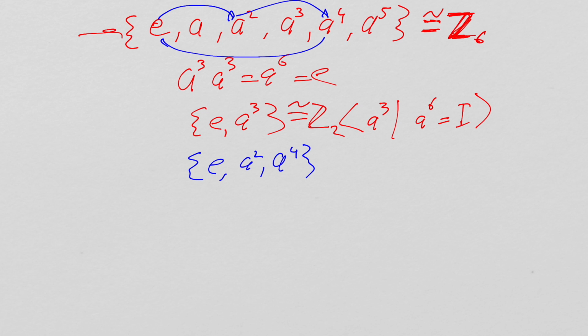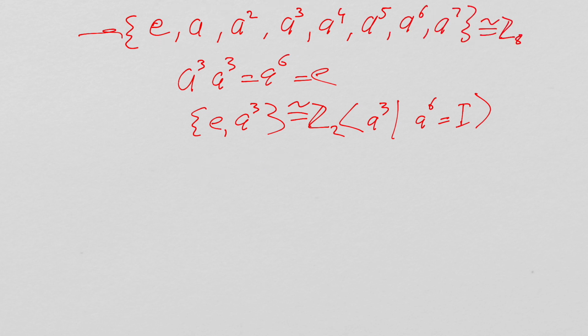So it has two subgroups, and you can kind of see how this works, right? For any divisor of 6, there's going to be a representative cyclic subgroup. So in fact, if I pump this thing up to 8, now A3 generates the whole group, right?